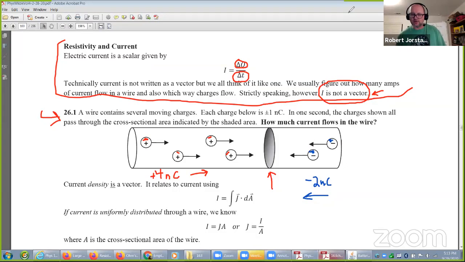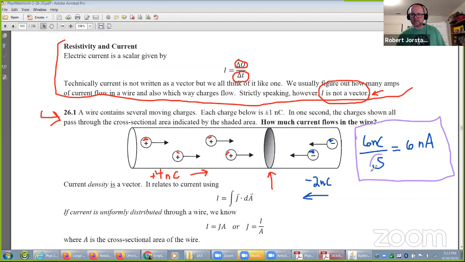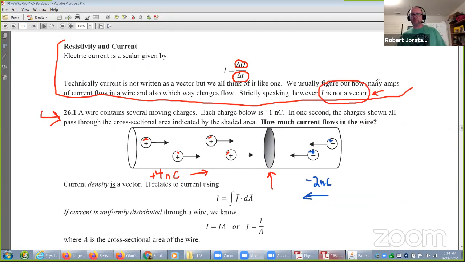That's an S, right? Hopefully that's what you were thinking. So notice a coulomb per second is equal to an amp. I don't know if that's what she was asking, but let me double check. Yep, absolutely.